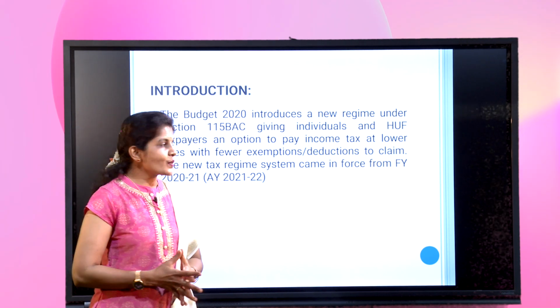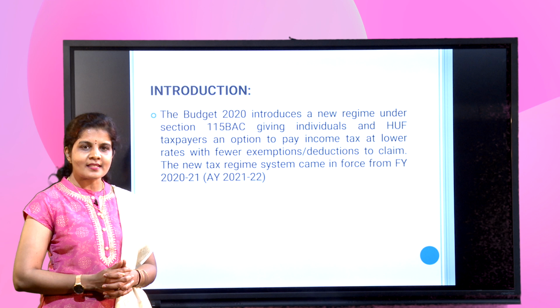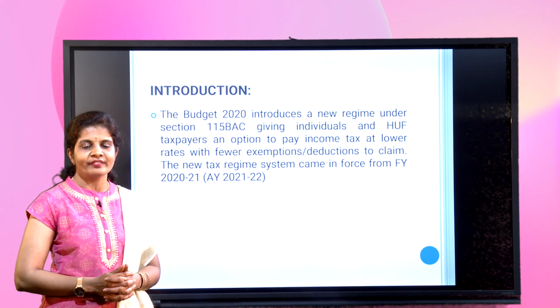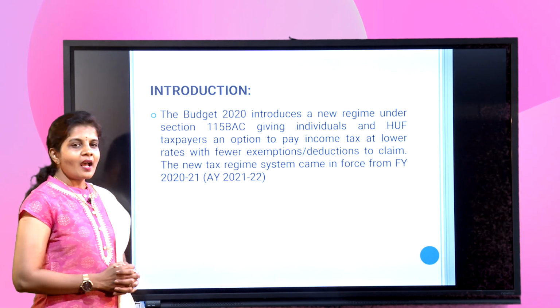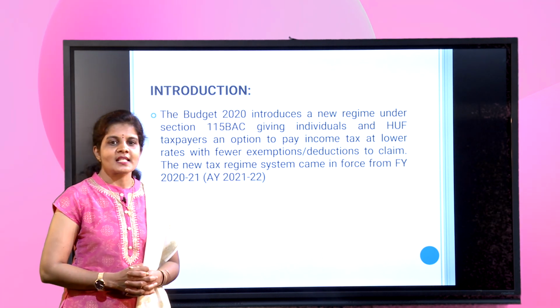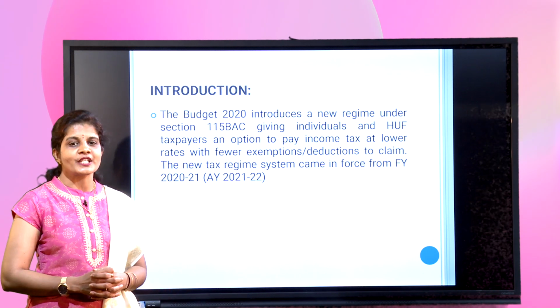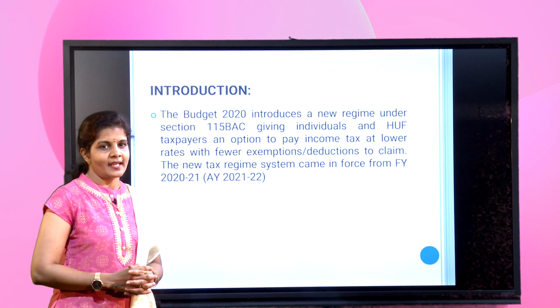Budget 2020 introduced a new regime under Section 115BAC of the Income Tax Act of 1961 for individuals as well as for an HUF, giving an option to pay income tax at a lower rate.